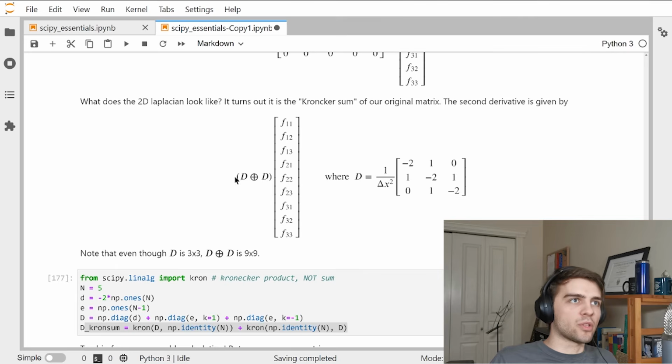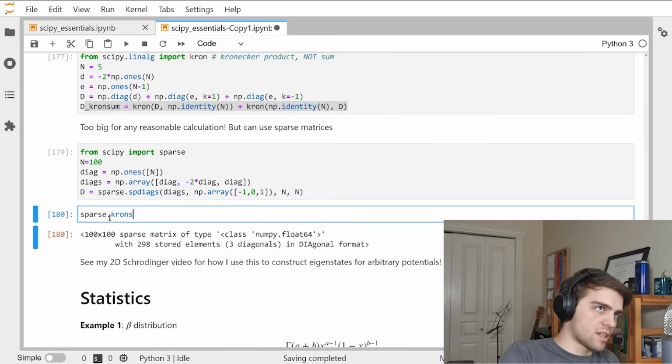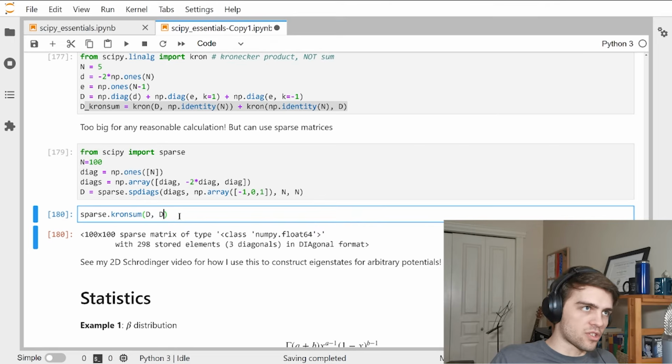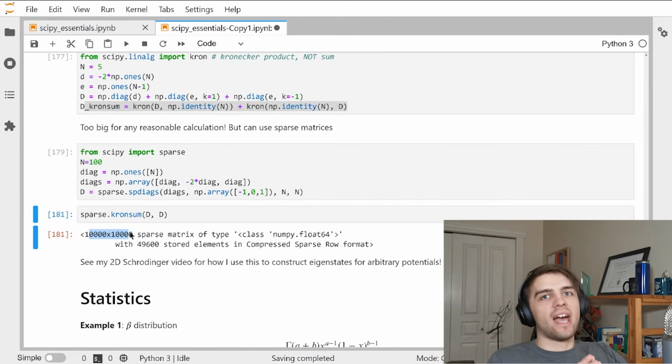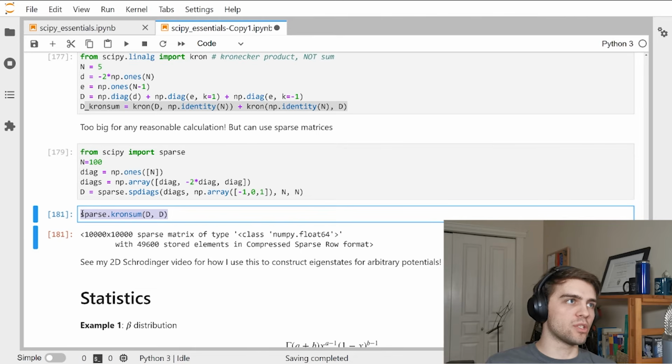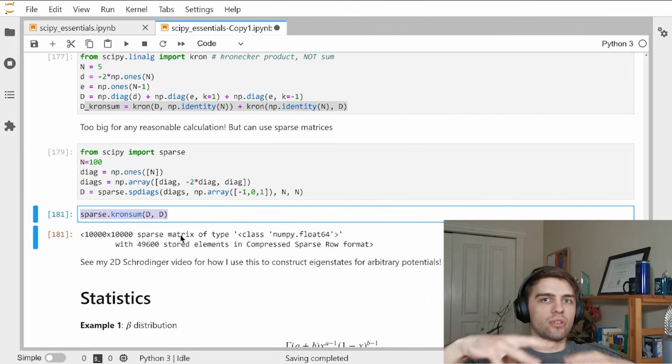It's this matrix here, and if I want the Kronecker sum, I just go sparse.kronsum of D with D. So I'm taking the Kronecker sum of D with D, and now it's a 10,000 by 10,000 sparse matrix. And again, watch my 2D Schrodinger equation video. I go over this in depth as well, of why you would do it this way. This is, for example, how you would solve the 2D infinite square well, but with an arbitrary potential in the center.